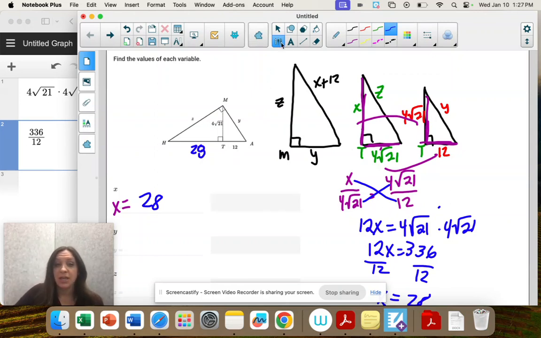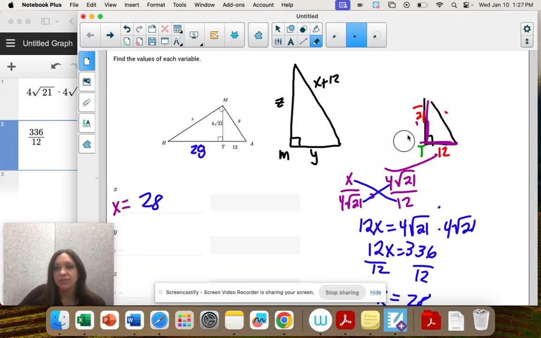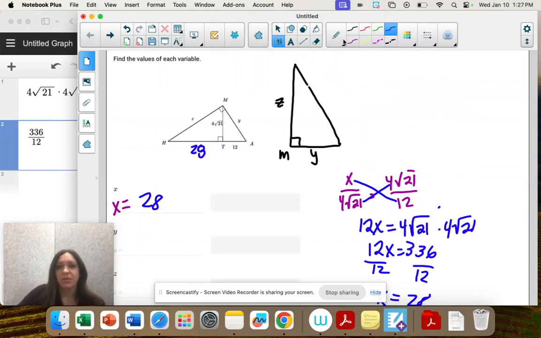And now we're going to do the same thing with y and z. So I just drew all over these triangles. I'm going to redraw them just because I want to see what I'm looking at. So here now our hypotenuse of our long triangle is 12 plus 28, which is 40.